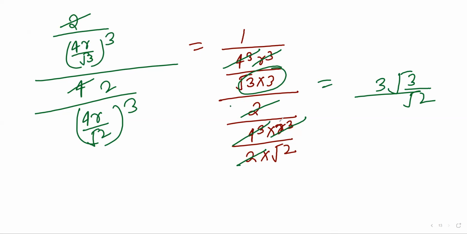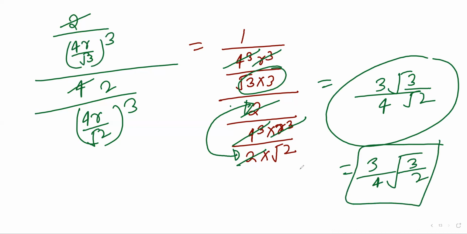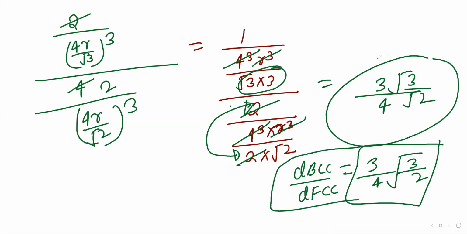If you want to multiply, then you can multiply these 2 also. That will be multiplied, not cancelled. So it will be 4. So the answer is density of BCC to FCC is 3 by 4 root 2 by root 2, or in simple form, it can be written as 4 by 3 under root of 3 by 2. So this will be the density of body centered cubic divided by density of face centered cubic.